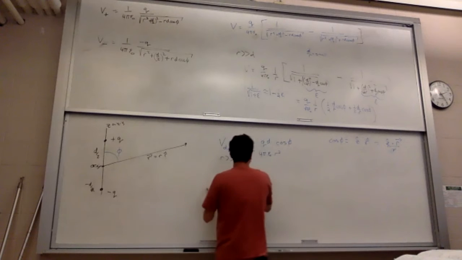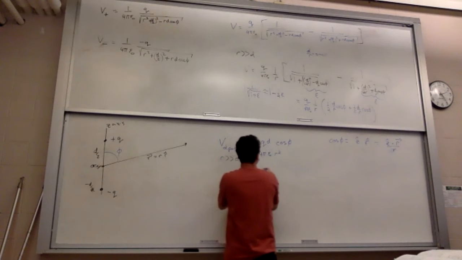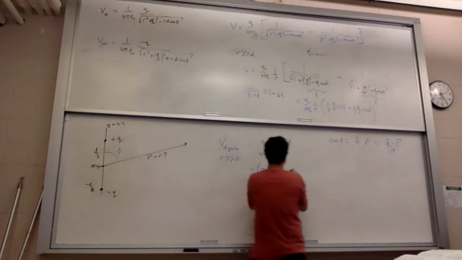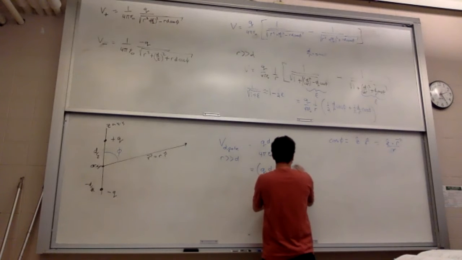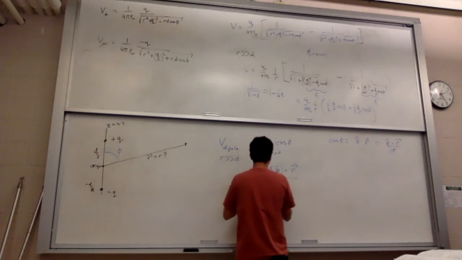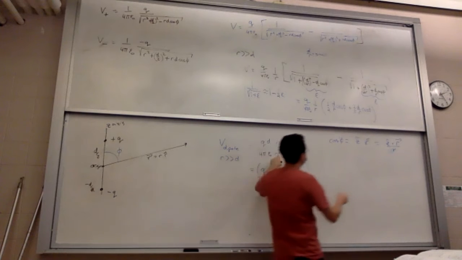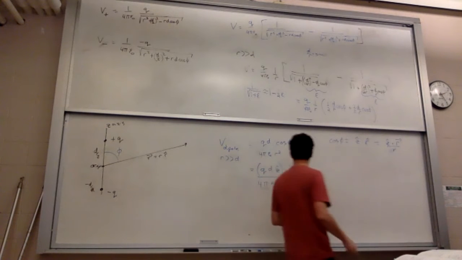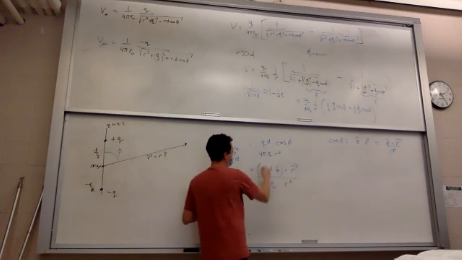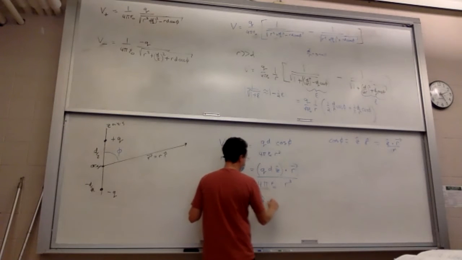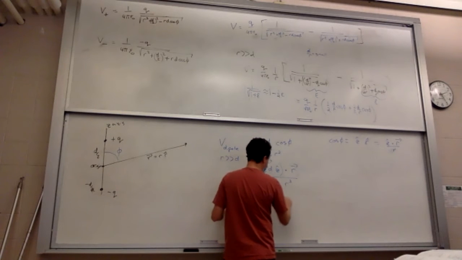So then I can rewrite this as q d z hat dotted with r vector over 4 pi epsilon naught r cubed. This thing, q times d times z hat, was the dipole moment vector p.